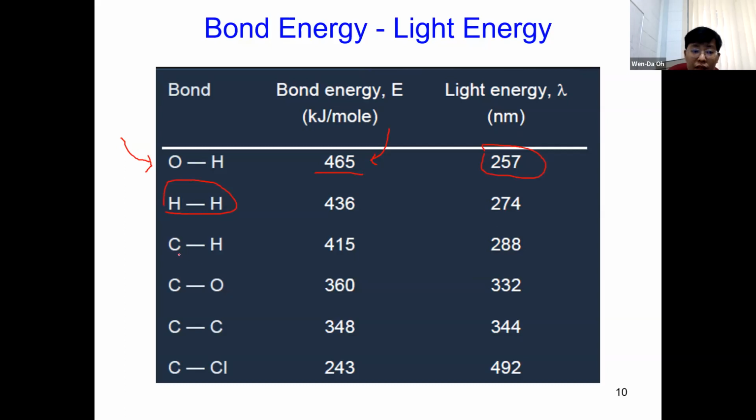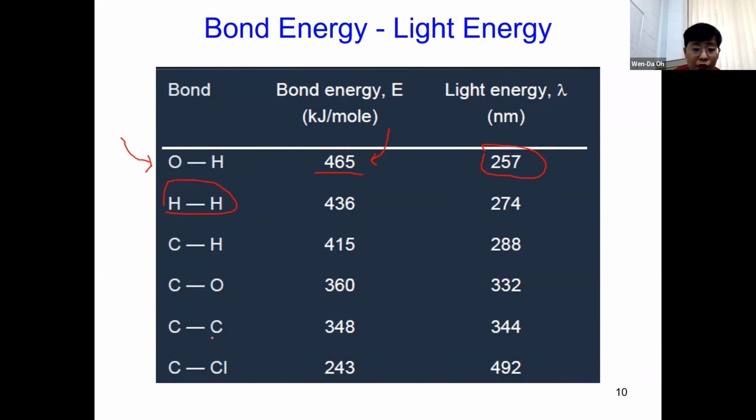Same thing for CH, CO, CC. You will see that it is between 348 and 415. The energy of the bond depends on the stability of that compound and the type of bonding that you have. All of these are covalent bonds, just that different species bond differently.